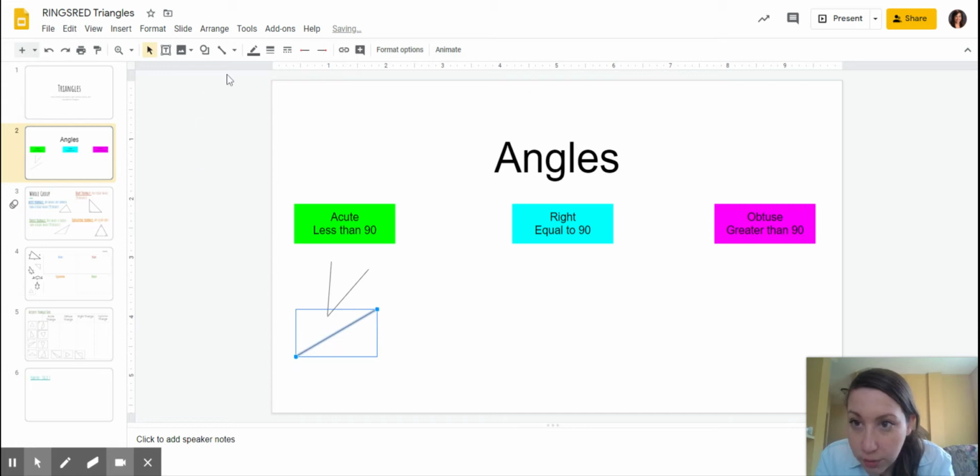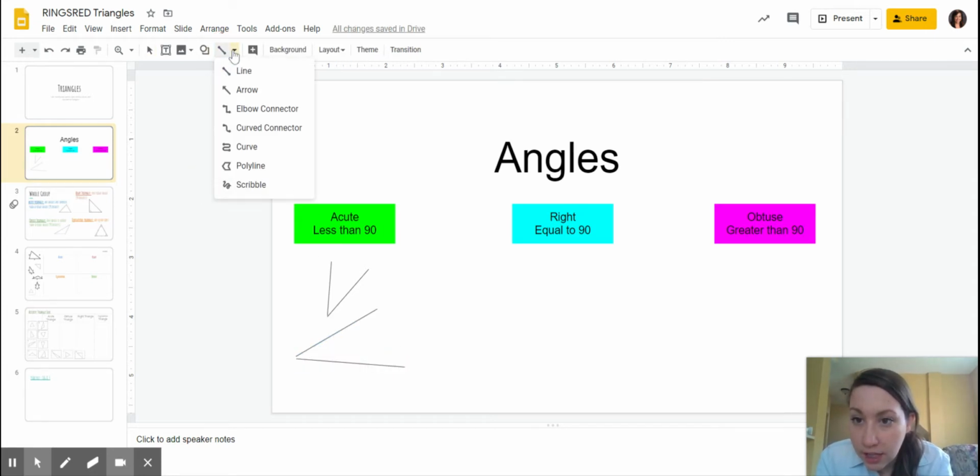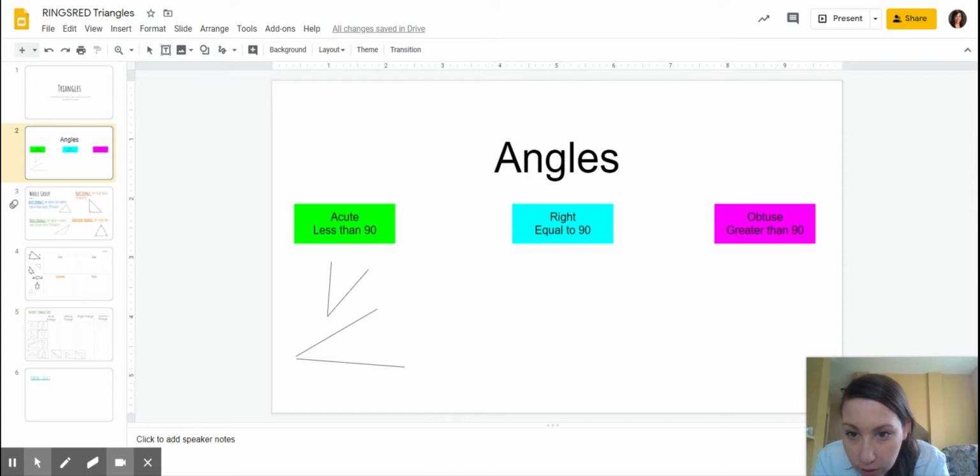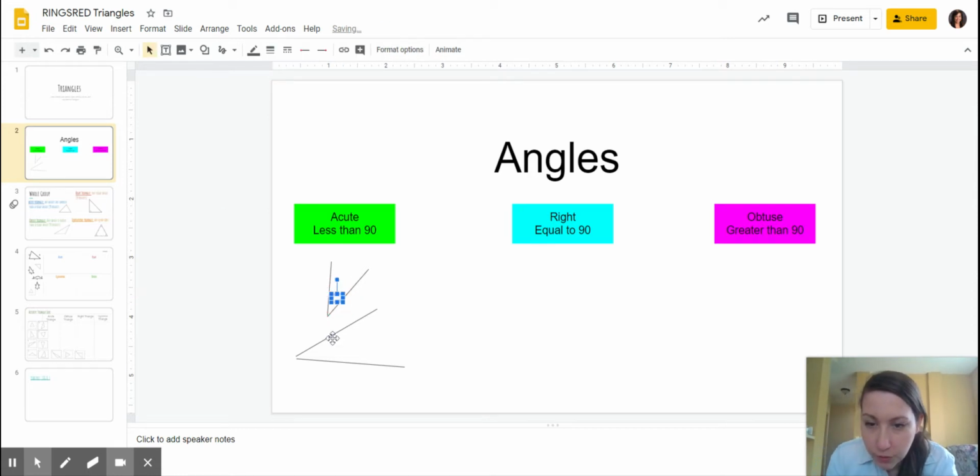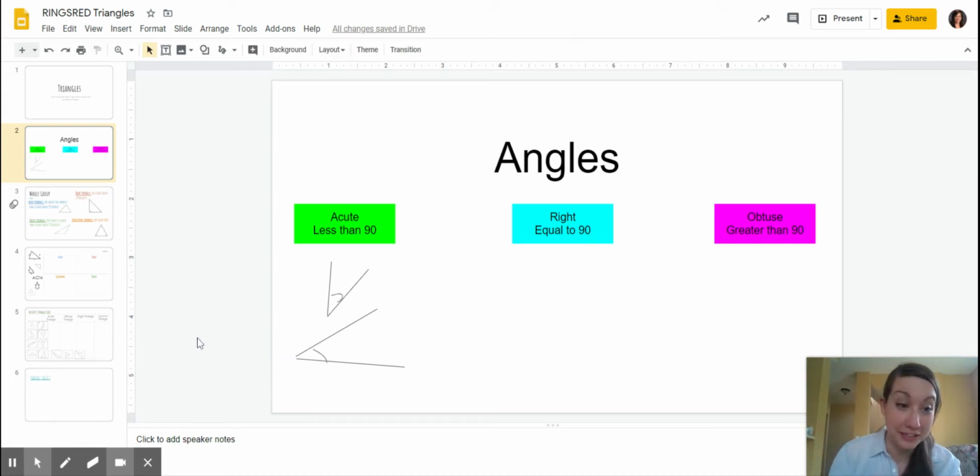And in school, we talked about how acute angles have to have that little arc in the center. So I'm going to try and draw that on here. Remember, it's kind of hard on a computer. It looks like a little half circle, right? In between those two. Whoa, those are kind of rough, but you get my point.